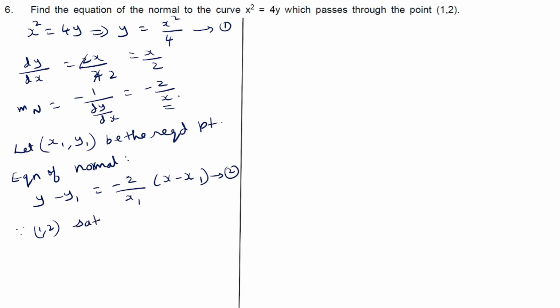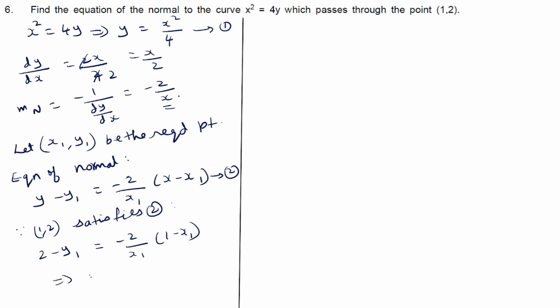Since 1, 2 satisfies 2, we have 2 minus y1 equal to minus 2 by x1 into 1 minus x1.